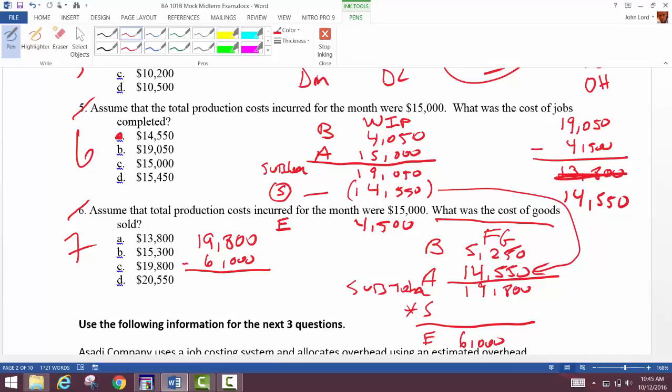The ending balance of 6,000 gives me 13,800. 13,800 then must be the subtract that got me down to the 6,000, right? And that subtract out of finished goods is my cost of goods sold, isn't it? So the answer to that one was A. Okay?